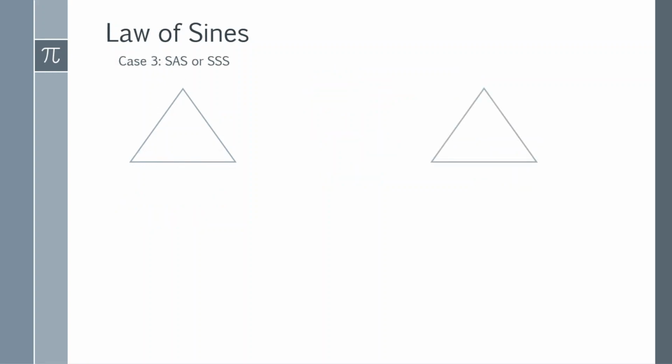Now, what happens if I know two sides and an angle? So let's say we know these two sides and we know the angle in between them. Now, if I only know one angle, I don't have a way to automatically know what the other two angles are. So my ratio would be C over the sine of C. So let's say this is 50.